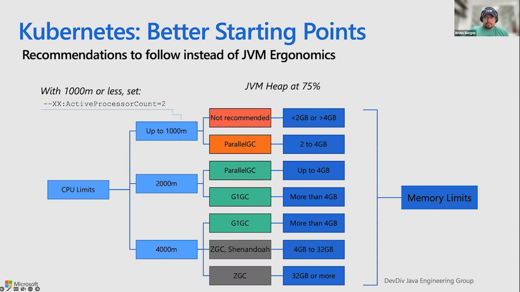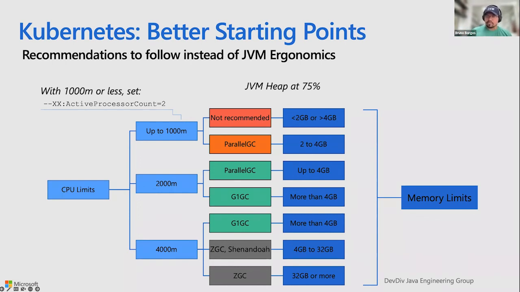So for example, up to 1,000 millicore, if that is really what you want to do, we do suggest that you use parallel GC and somewhere between 2 and 4 gigabytes of RAM. And we actually recommend that you set active processor count equal to 2, just to have a better tuning of your application, especially if this is an IO bound microservice.